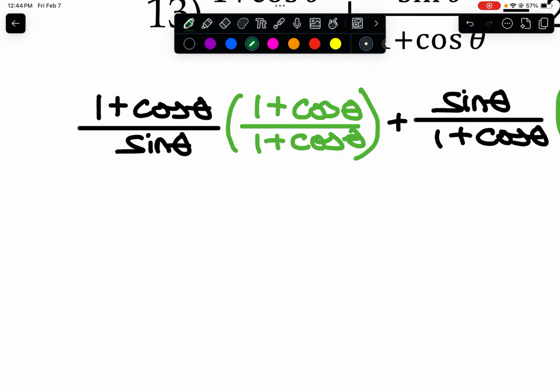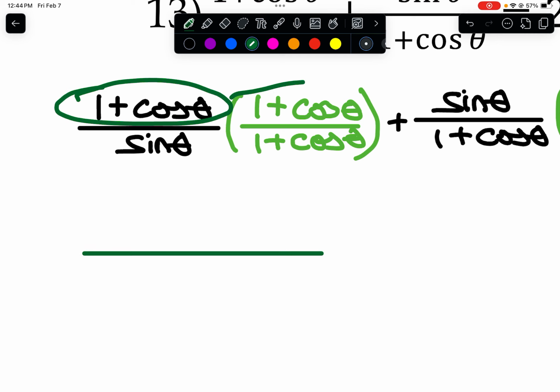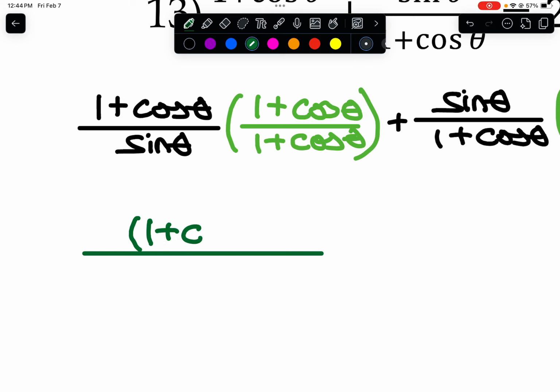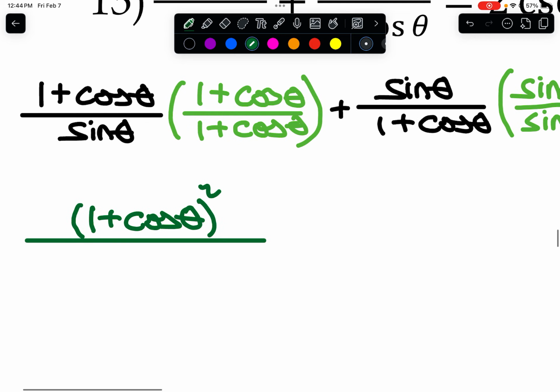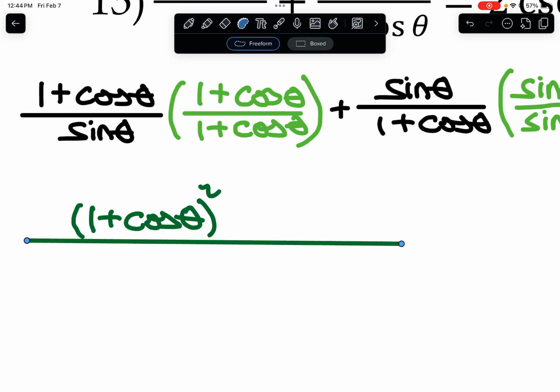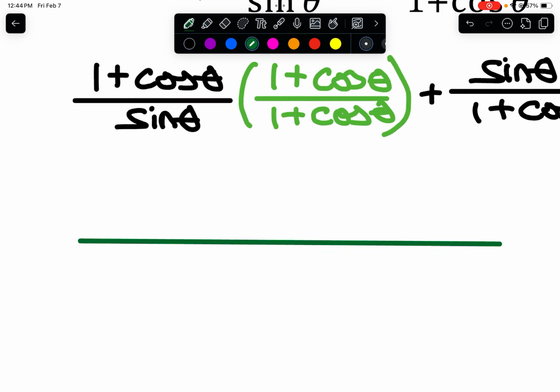All right, so I see that we have the same term here. I'm going to rewrite this as 1 plus cosine theta squared for right now. I'll probably have to expand it. Actually, yeah, I'm going to have to expand that, so there's no point in doing that.